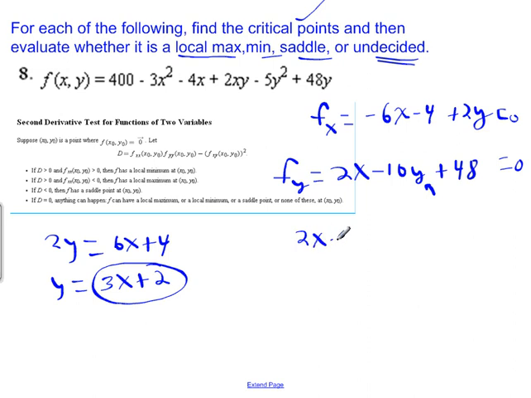So when 2x minus the following equals 0, then f partial y will be 0. So let's see when this is.